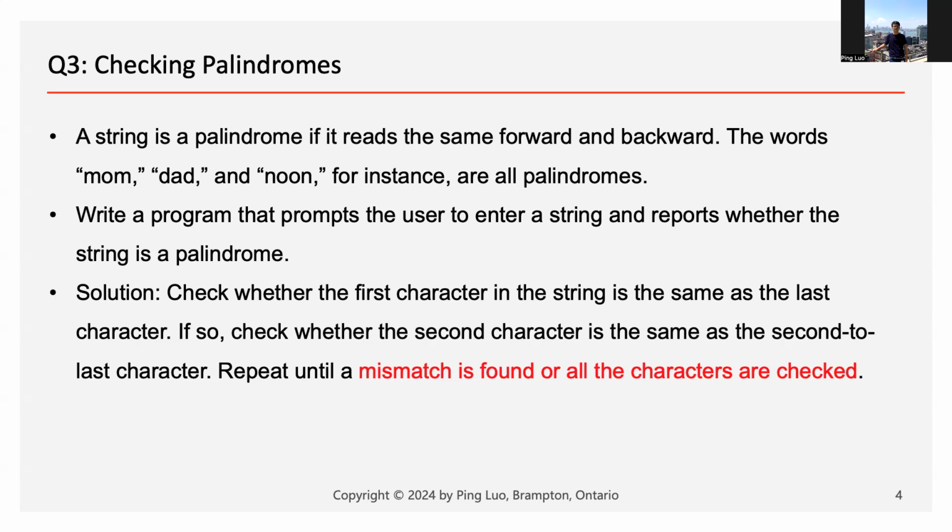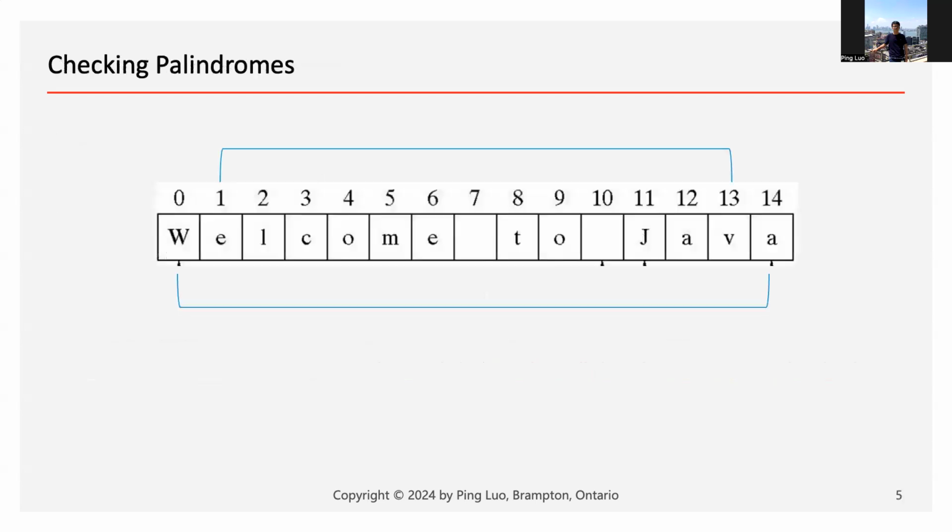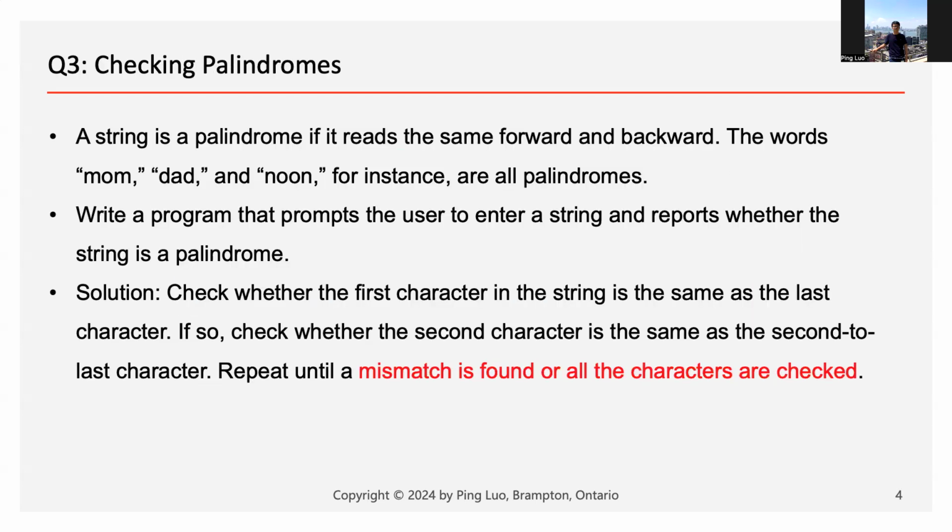A palindrome is the same whether you read it forward or backward. For example, dad is still dad even if you reverse it. Reading the word from forward is the same as from backward.